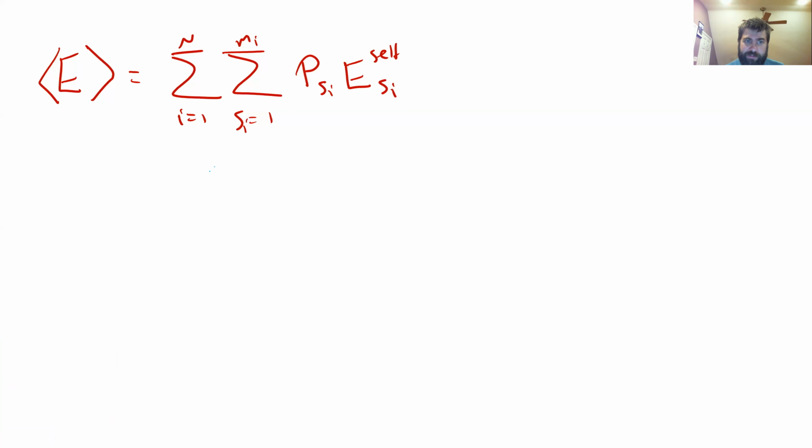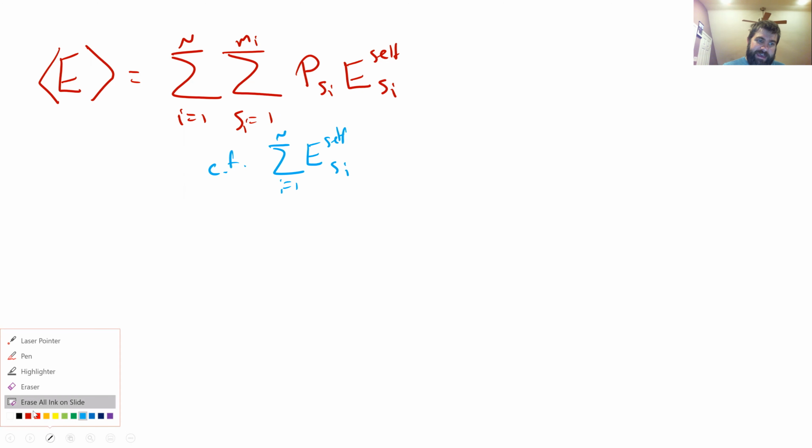We'll compare this to the sum of a single rotamer. We're now summing over all possible rotamers at one position, but still using the self energy.